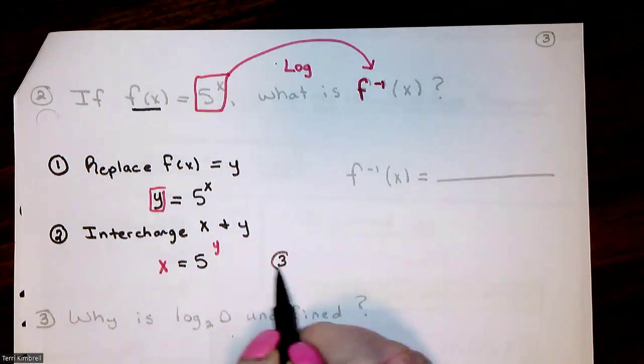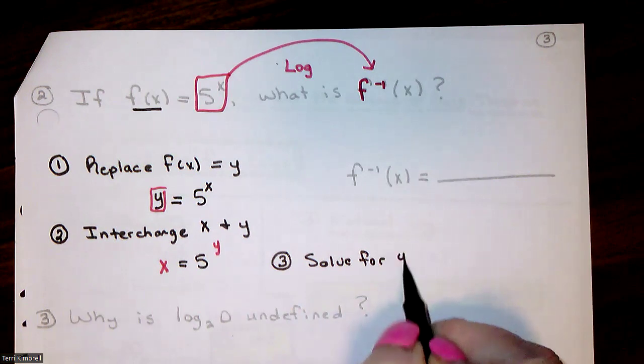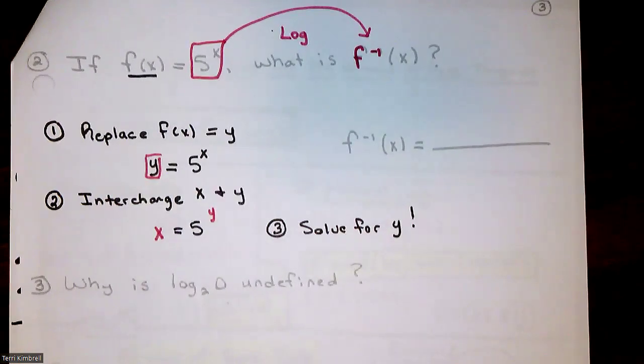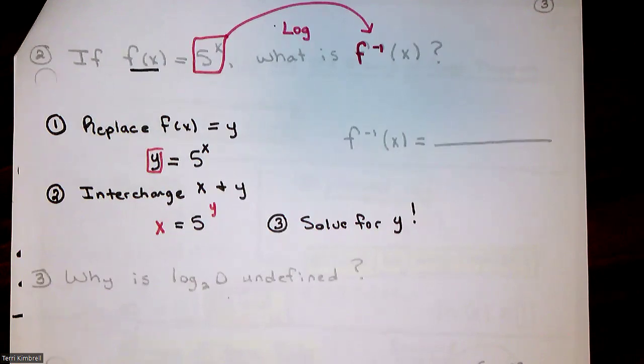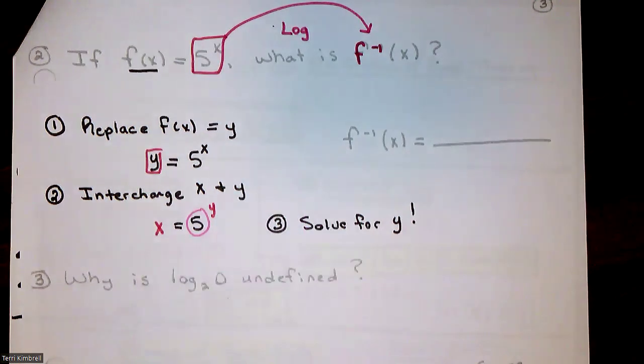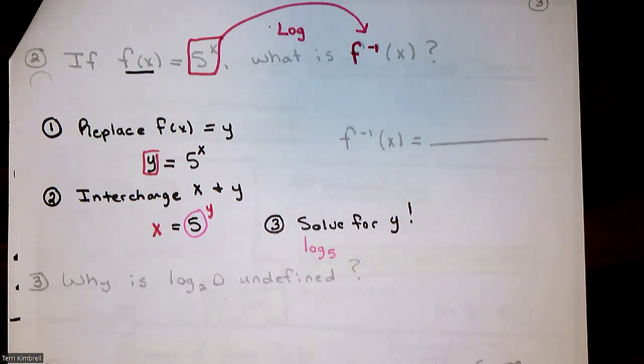The third step is solve for y. So remember that you need to locate the base. So the first thing you need to do is find the base of the exponential. And you're going to write log base 5.